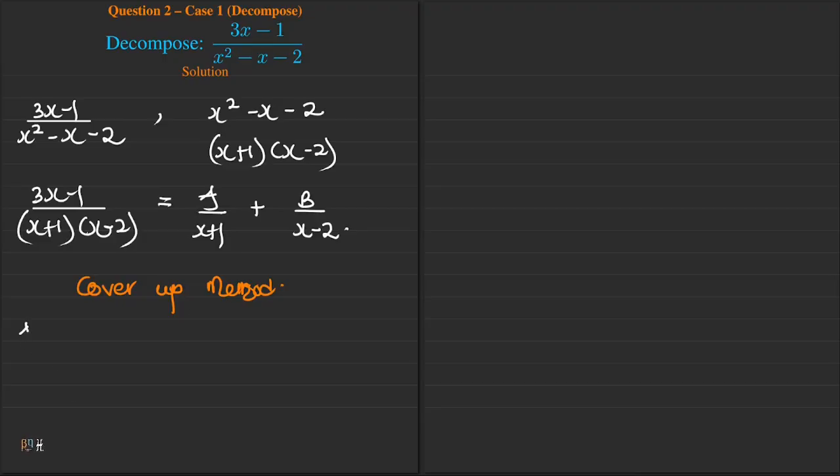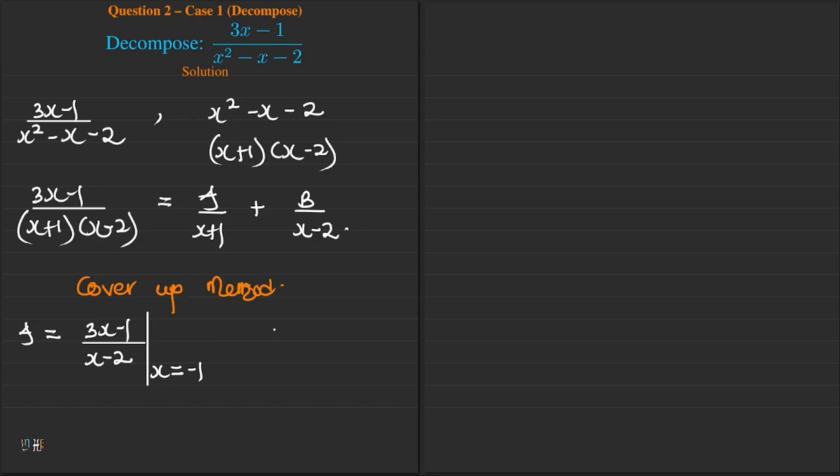To solve for our A, we say A is equal to the numerator we have here, which is 3x minus 1, all over the denominator but excluding A's denominator. So that is x minus 2. And we are evaluating it at x equals negative 1. That is the value of x that makes the denominator of A equal 0.